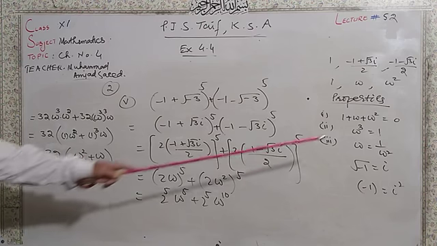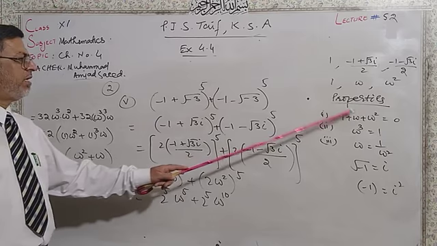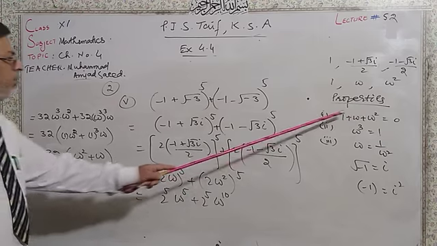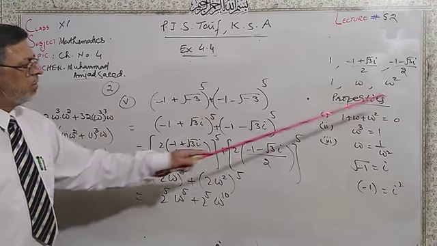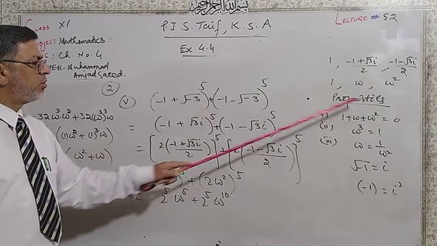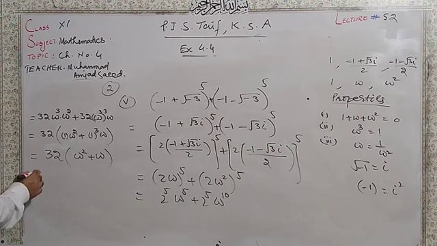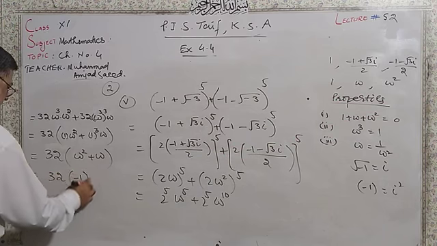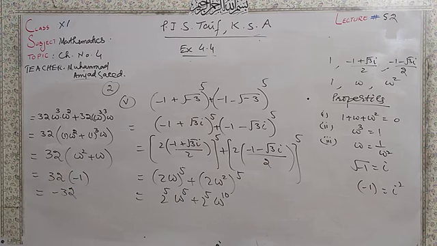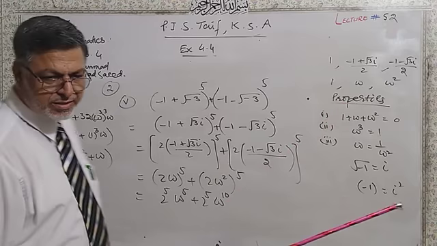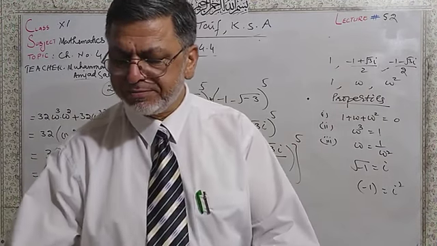Remember again, move to part number 1, property number 1: omega plus omega square is equal to minus 1. So we can have 32 into minus 1, that is minus 32. Dear students, this is your answer. I hope that you understood this question.